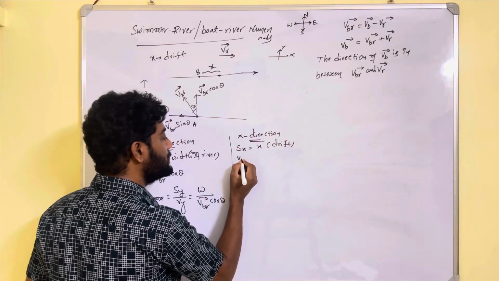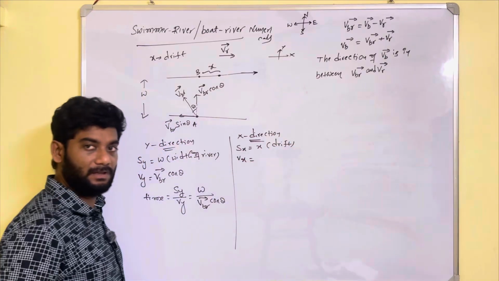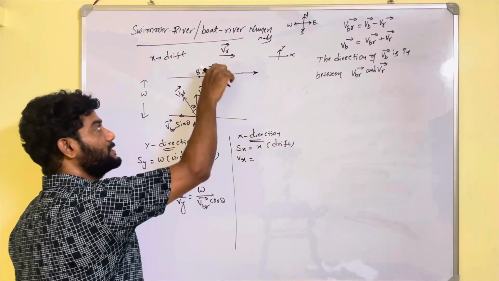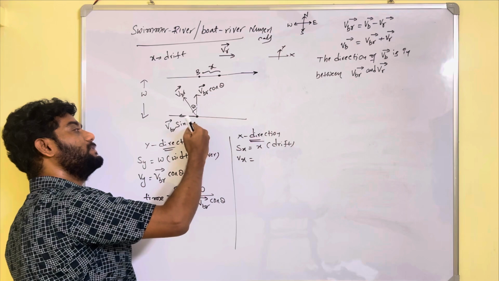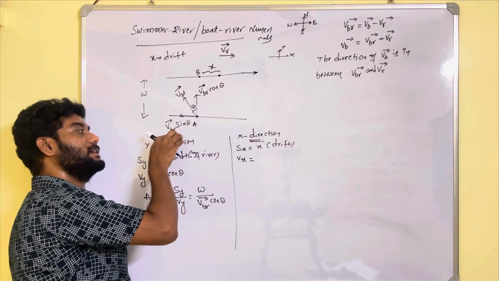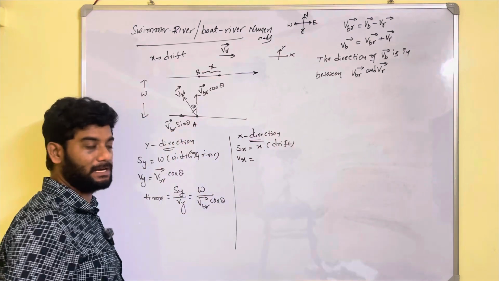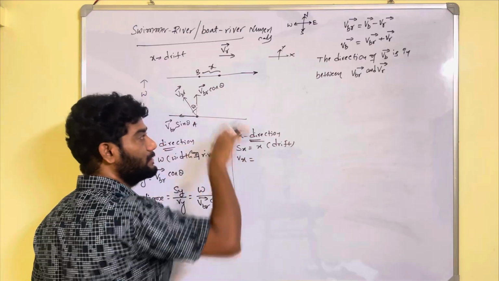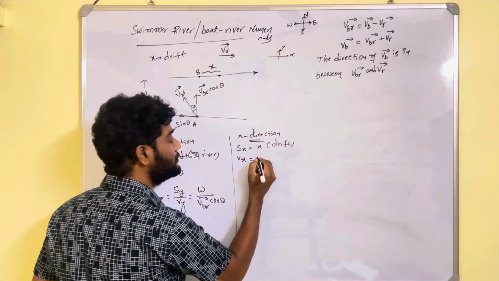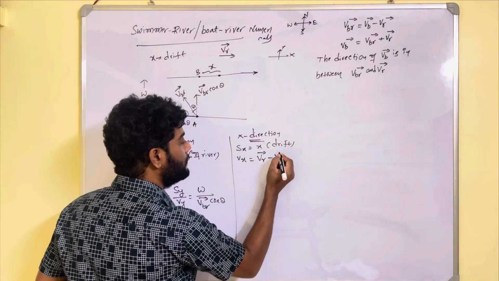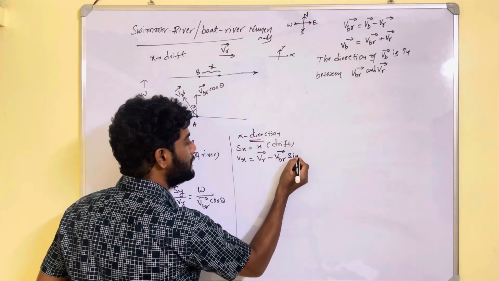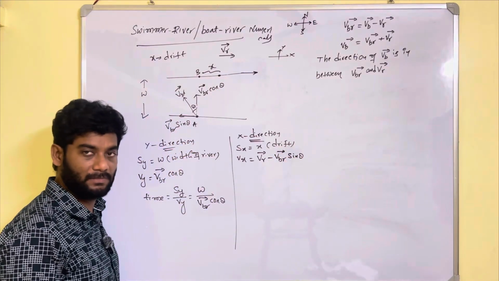And what is the velocity in x direction? River is moving in this direction with vr. But the boat is moving in the x direction, इसका velocity क्या है? vbr sin theta. So resultant velocity क्या है? This is the positive, this is the negative. So velocity of river minus vbr sin theta. ठीक है?